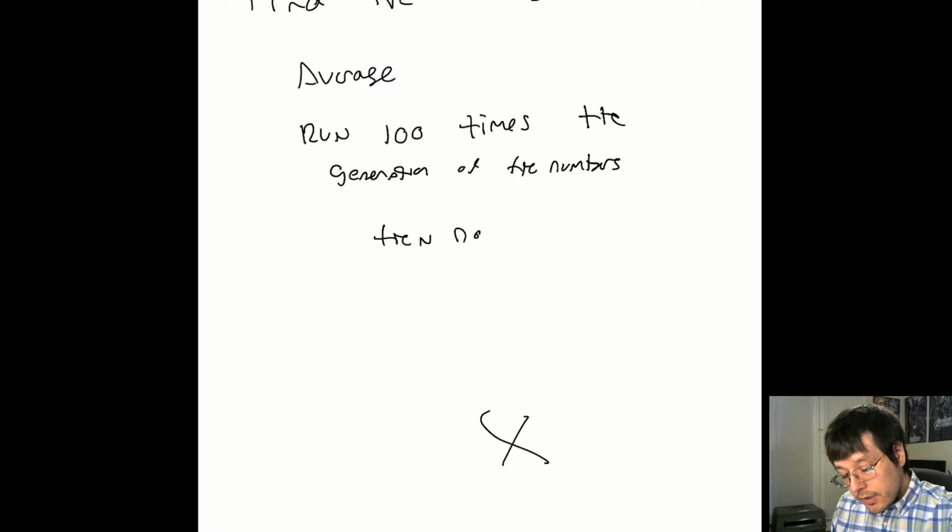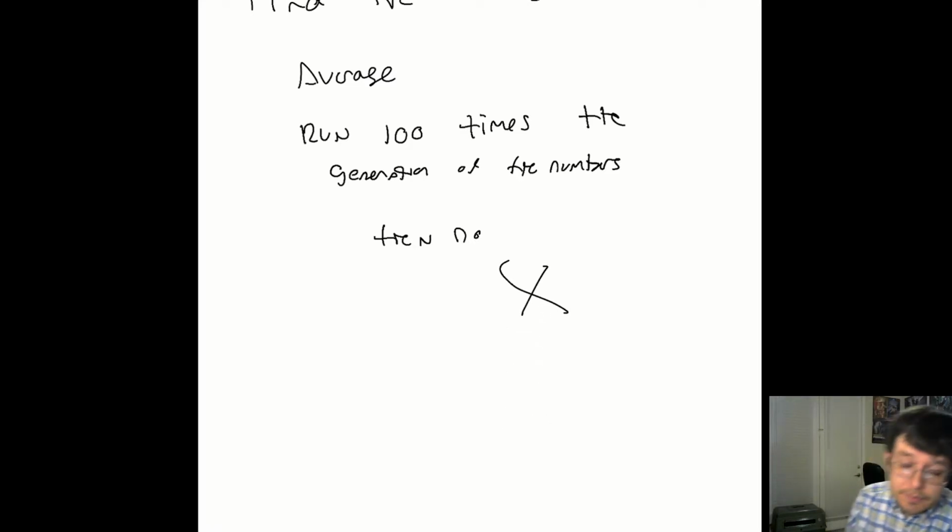Because X is doing that computation. Okay? So you write this down, and what this means is that run 100 times is a for loop, right? So we're going to do for i in range of 100, or just run it 100 times, and every time you do that, you compute this.